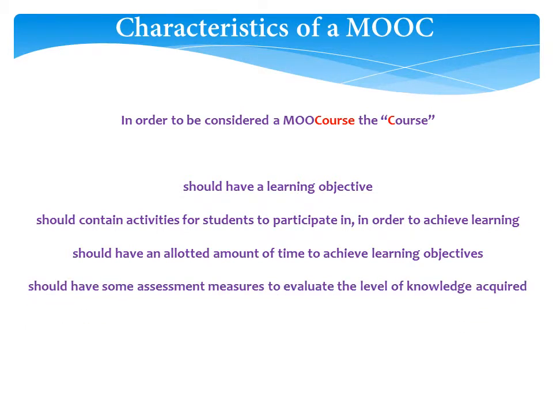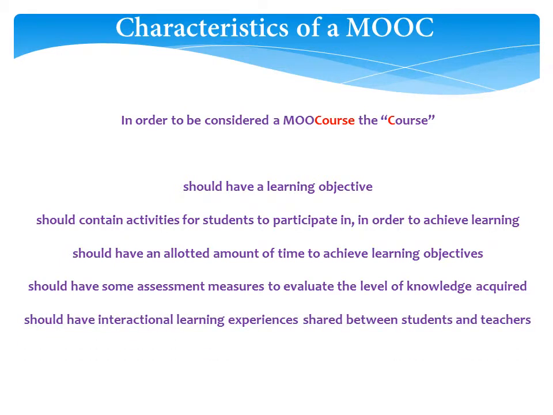There should be some assessment measures provided to evaluate the level of knowledge acquired through tests, exams, papers, etc. And there should be an interactional learning experience shared between students and teachers, whether that is peer-to-peer learning or teacher-to-student learning, or both.